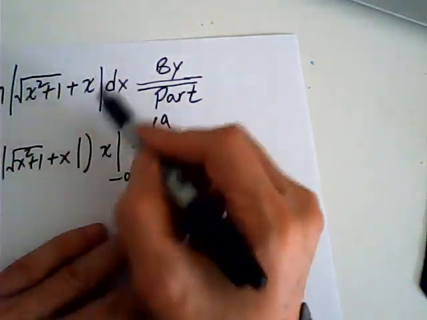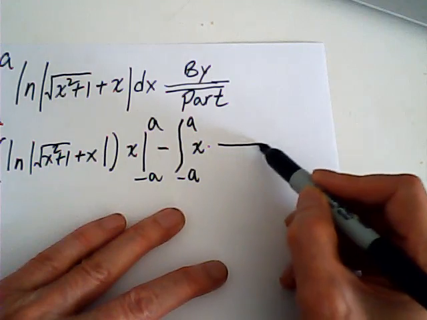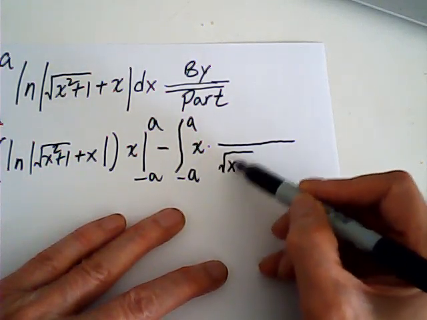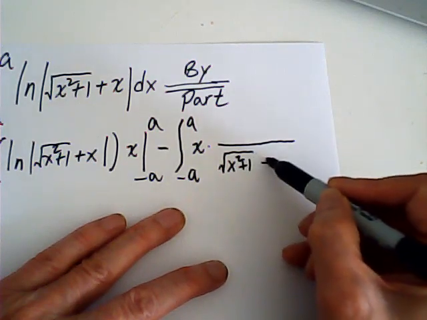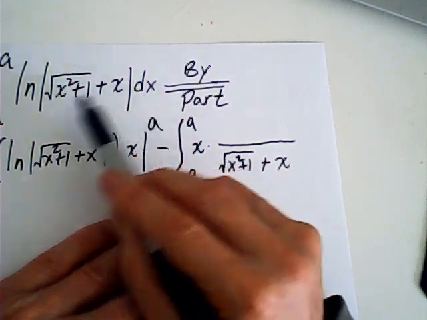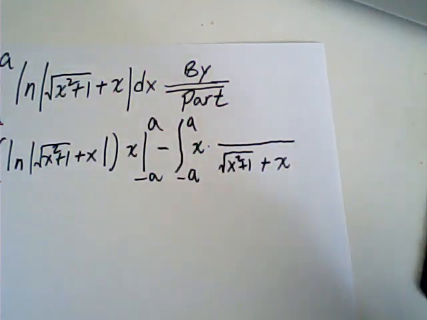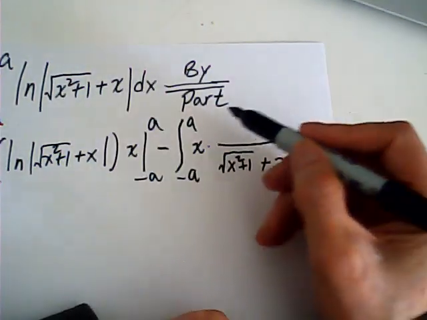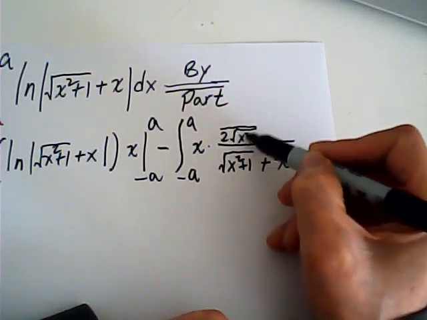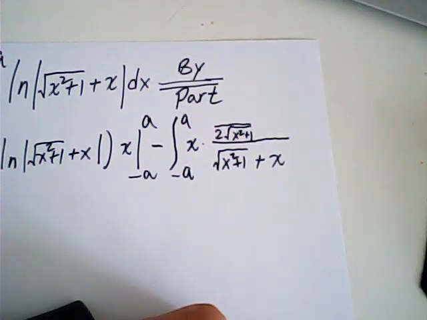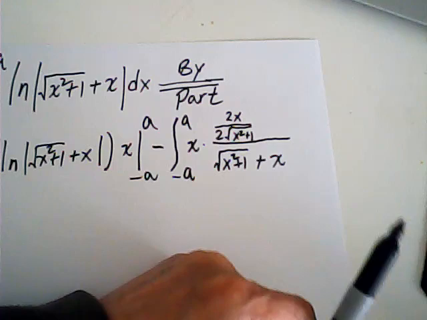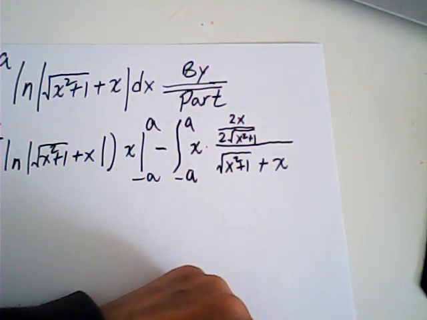du is the derivative of this log, right? This is the derivative, so equal to 1 over square root of x squared plus 1 plus x. Then on top of that, the derivative will be 2x over 2 square root x squared plus 1, chain rule, right?